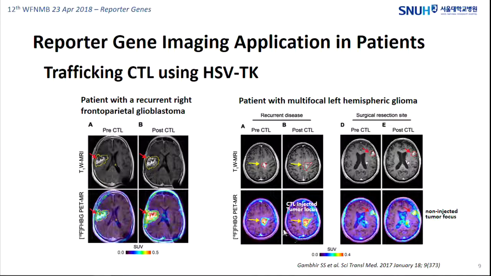It was injected at this location, but they also found CTLs in the surgical resection site too. This means that this CTL can go to the pre-surgical resection site. So from this, they concluded that this kind of HSV-TK reporter can easily be visualized in the patient with the CTL treatment.